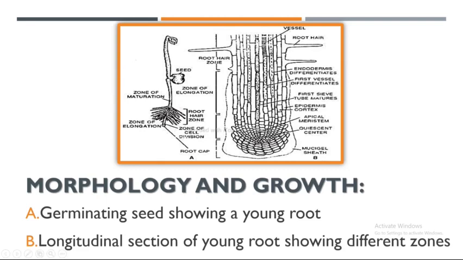This is epidermis and this is cortex, and all these are included in the zone of elongation. And the next, you can see that this is the apical meristem and this is the quiescent center, and both of these are included in the zone of cell division. And in the last, you can see the mucilage sheath as shown in the figure.